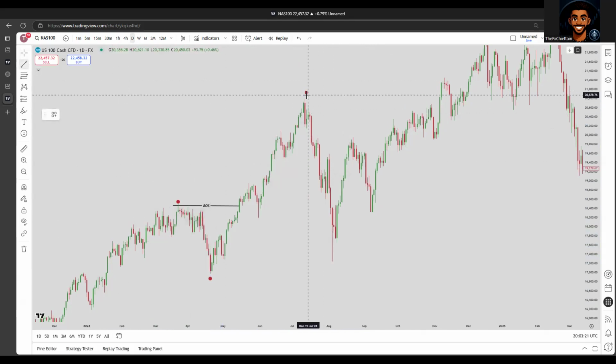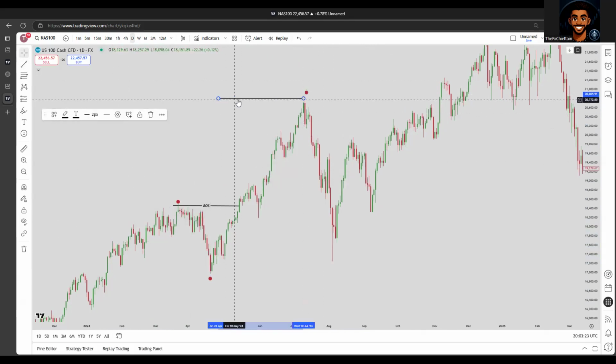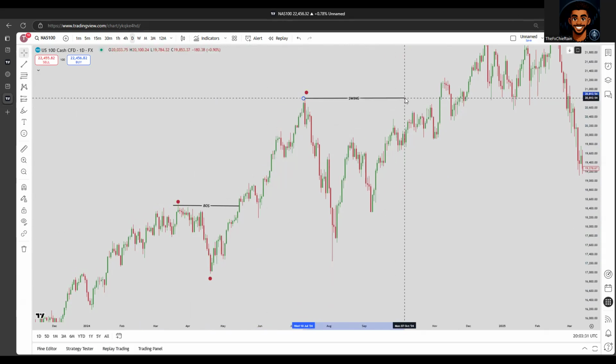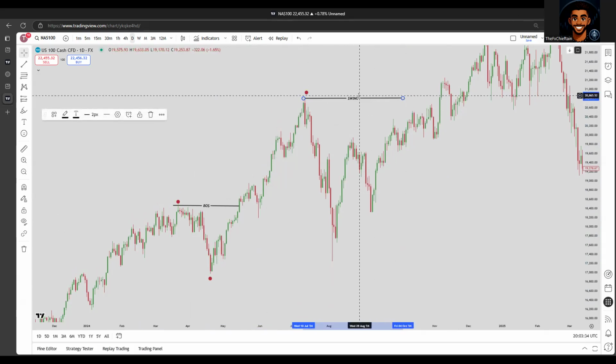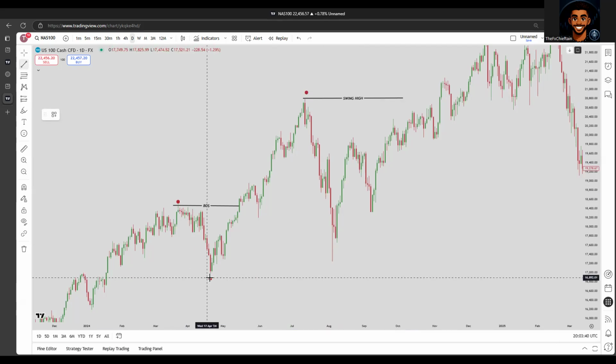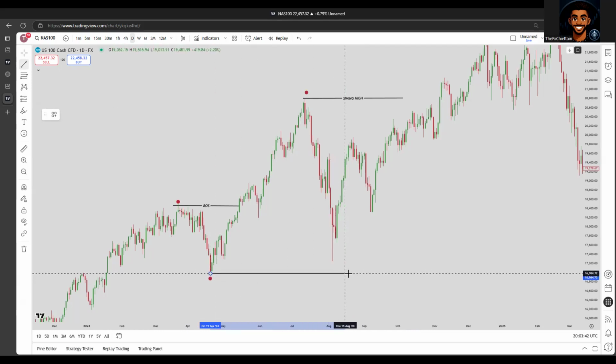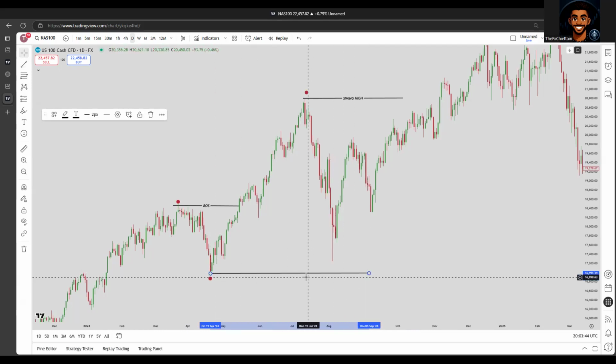Some people might be asking. This is your swing high. Normally, I would do the swing high like this, and this is your swing low. So you want to understand that first.